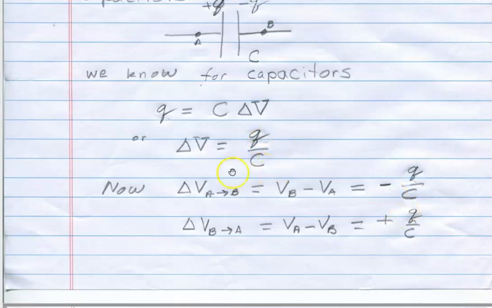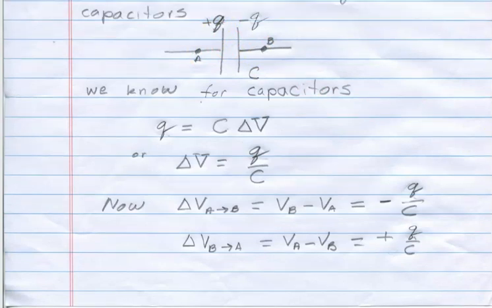And pretty obviously, if I'm going from high potential to low potential, remember positive charge is the high potential, and negative charge is the low potential. So here VB is this side, which is the low side, so this number is smaller than this number. And so I would get this magnitude, but it has to be negative because I get a potential drop as I go from A to B.